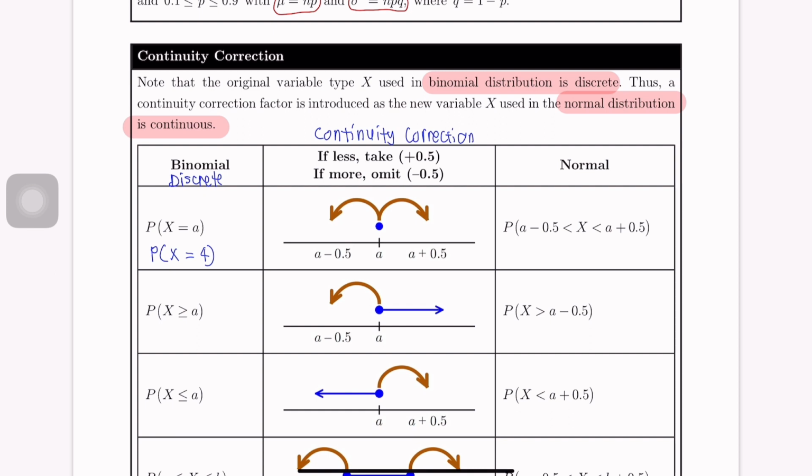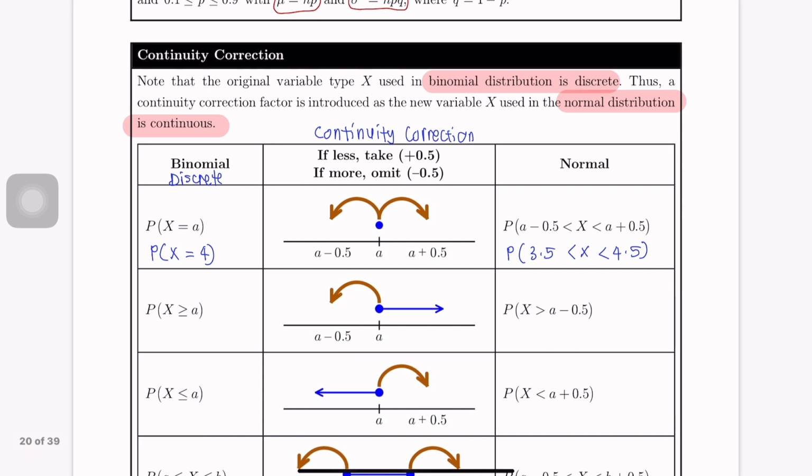So to change it to normal, we will have probability x between 3.5 and 4.5. This is the continuity correction, CC. We don't take the value straight away from the binomial. We need to do continuity correction because normal is continuous.